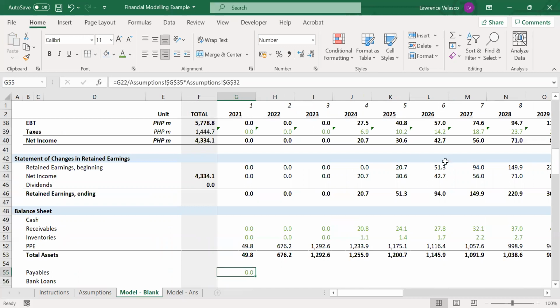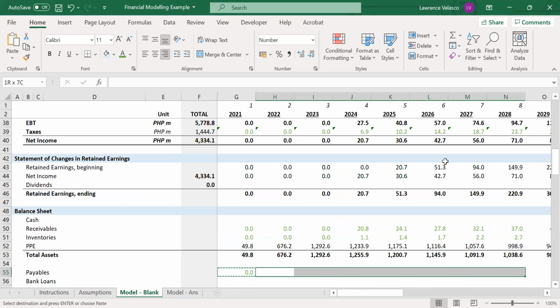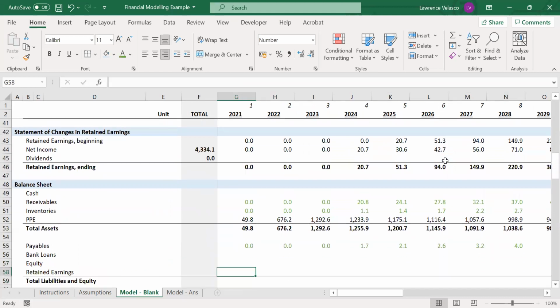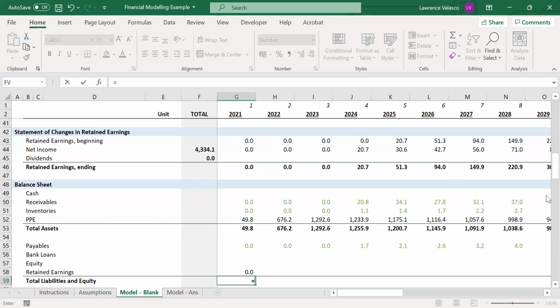Okay. Next, bank loans, equity. Mamaya natin yan pupunuan. Retained earnings, nakuha mo na yan sa taas. And then kunin mo na yung sum ng payables, bank loans, equity, and retained earnings.